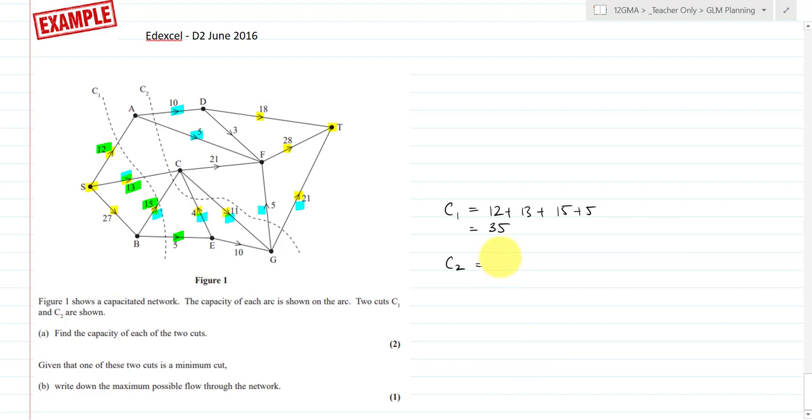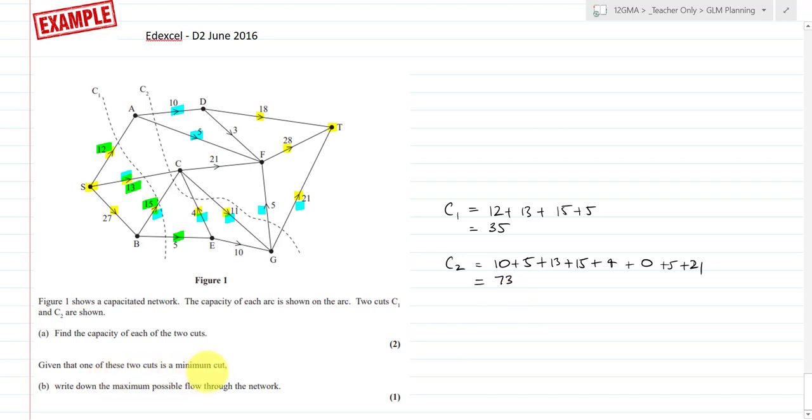And so my cut capacity here is 10 plus 5 plus 13 plus 15 plus 4 plus 0, that 11 doesn't count, plus 5 plus 21. And so that is 28, 38, 43, 47, 50, 67, 73. That's my C1 and C2.